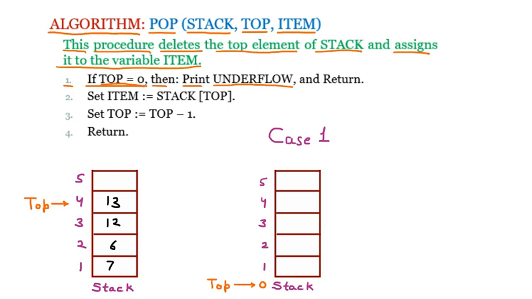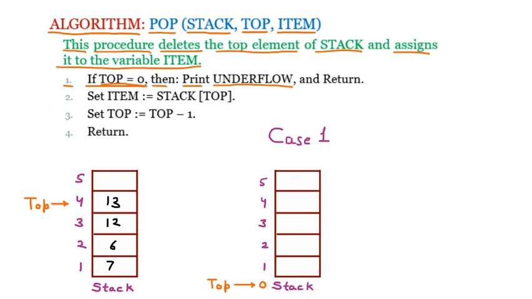Underflow is a word taken from the tank, just like overflow. Overflow means the tank is full, and if we put in more water, it will come out. That means there is no space for putting in an element, which is called overflow. Similarly, underflow: if you have opened a tap, but the water level is so low that it is not coming out of the tap, below the pipe level, then it is called underflow.